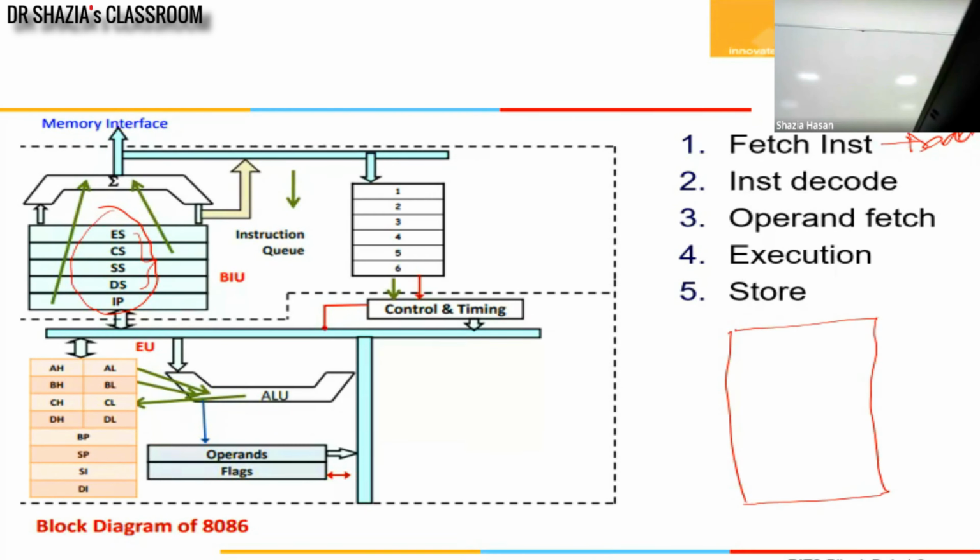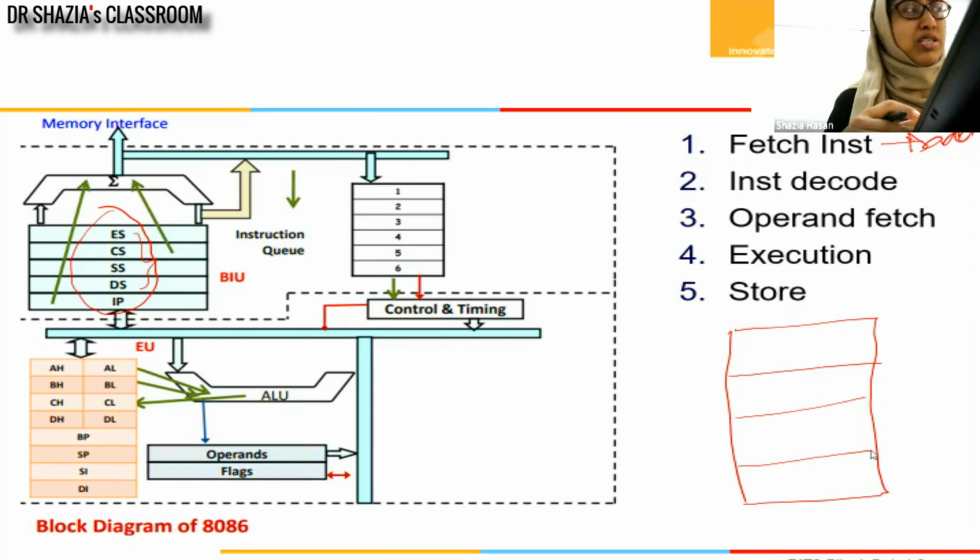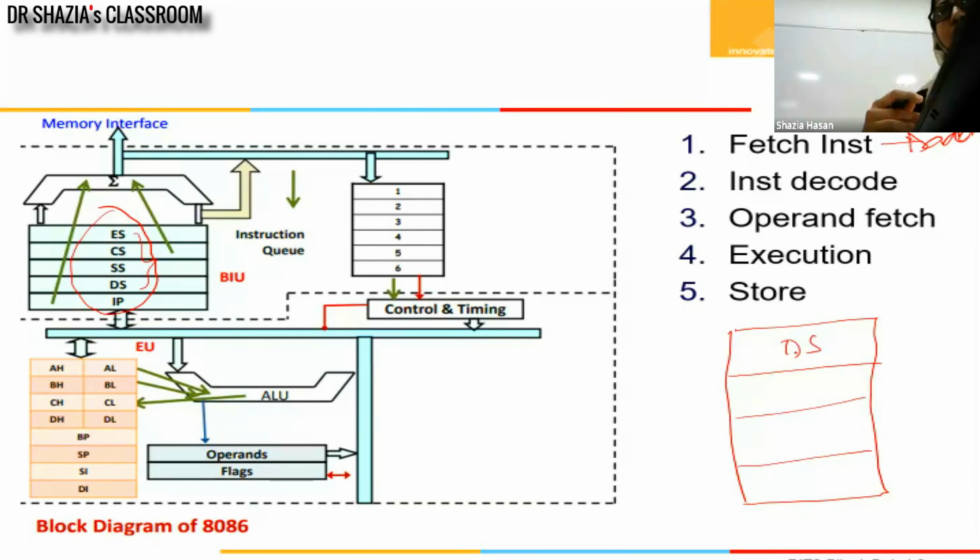But at present, let us assume my 8086 processor will have 1 MB of memory space maximum. Let us assume I have divided it into 4 parts. Many types of divisions are possible; I am showing you the simplest one. The first 256 KB I have reserved for the data segment, where I am going to store my data.